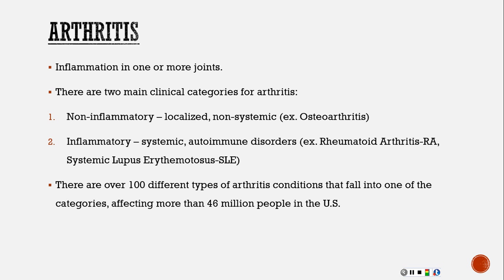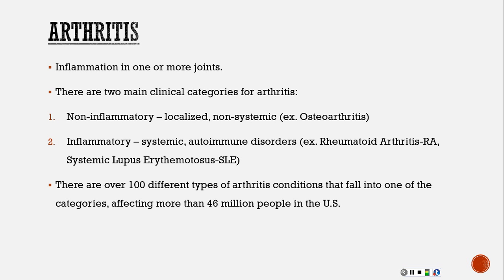It's localized. Okay. If you do something with one arm, you're more likely to have problems locally in that one arm. It's not a systemic issue. Okay, that's an important distinguishing characteristic between osteo and rheumatoid arthritis.